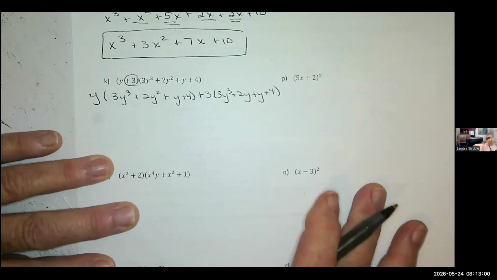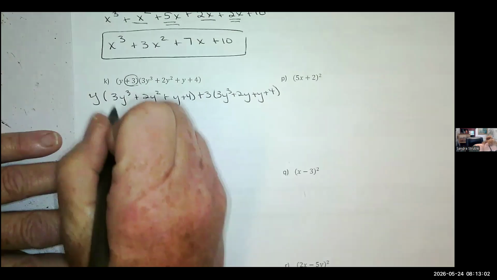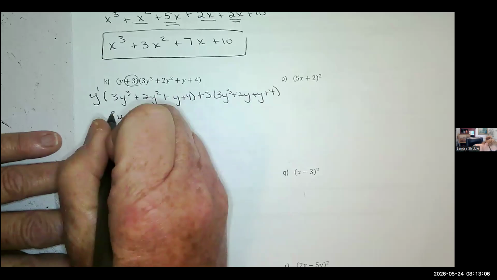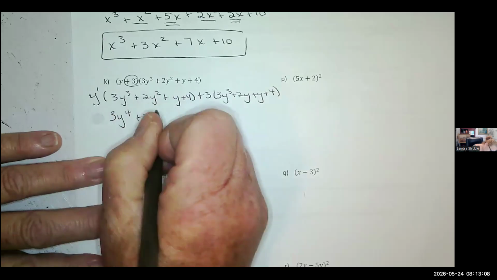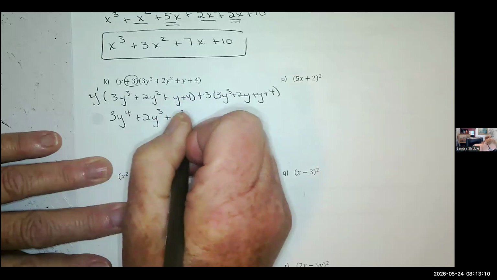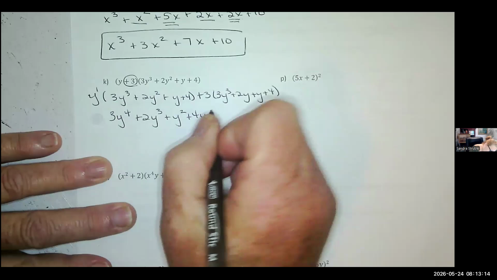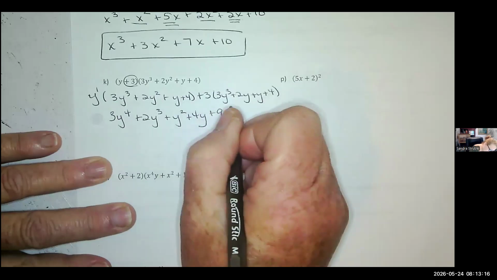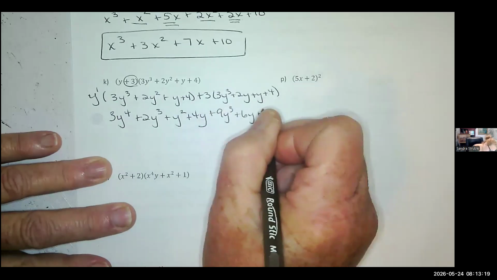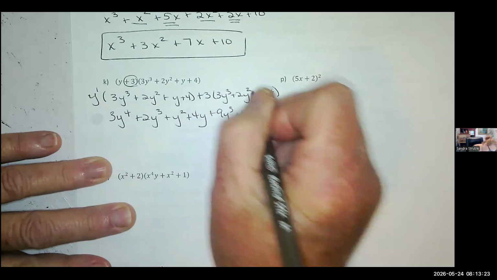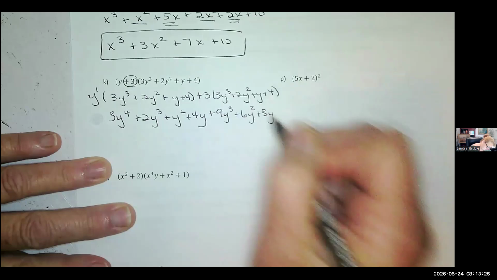So 3y to the 4th, this is a y to the 1, plus 2y cubed plus y squared plus 4y. Now I need to distribute my 3, plus 9y cubed plus 6y squared plus 3y. Wait, this is a squared. Plus 12. There we go.